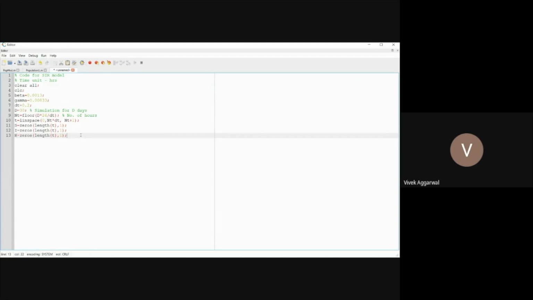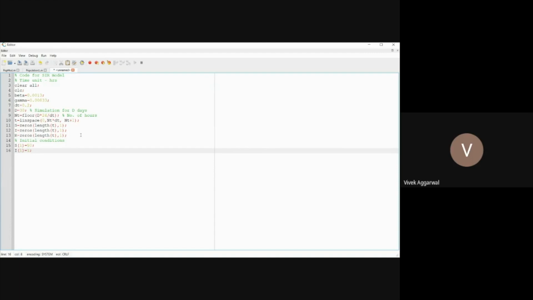Now after this, I have to define the initial conditions. Let S's first value, which is given to us, be any value. I just take the value 50, which means 50 people are susceptible, and suppose infected is 1.